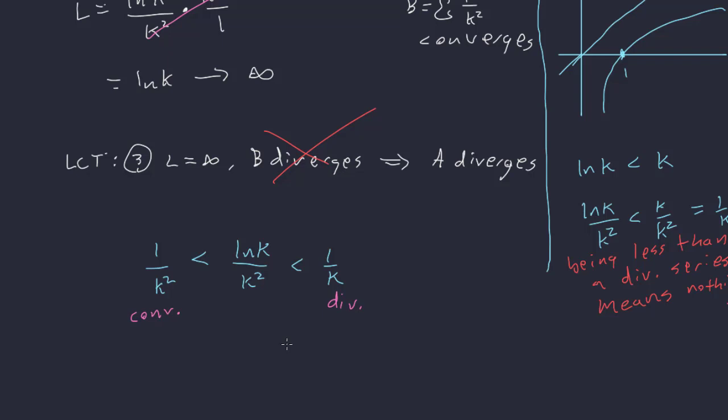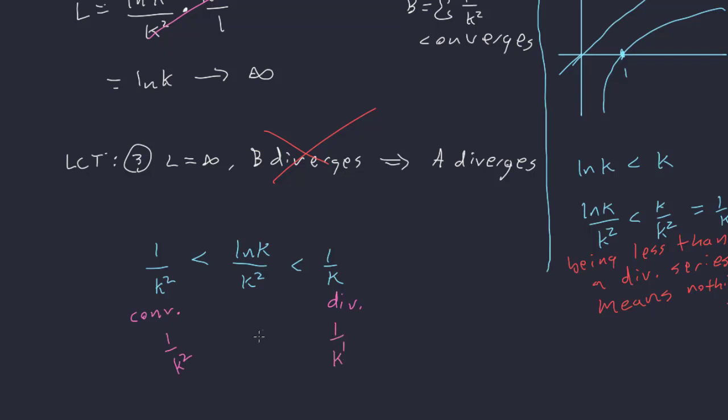Okay, so what can we possibly do about this? Well, since our terms are strictly trapped between the 1 over k squared and the 1 over k, maybe we should compare it to something in between these two guys. So here's 1 over k squared, here's 1 over k to the 1.